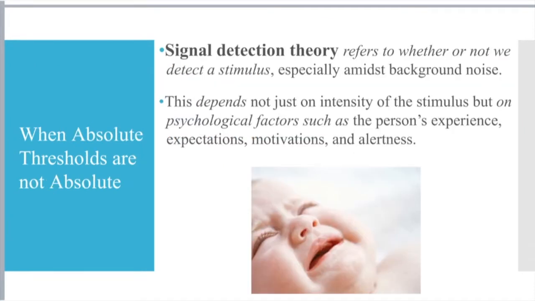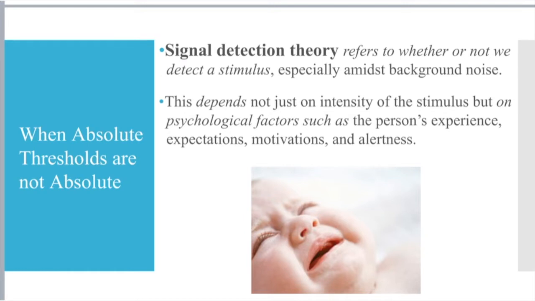So with that said, signal detection theory is when absolute thresholds are not necessarily absolute, right? Signal detection theory refers to whether or not we detect a stimulus, especially amidst background noise. If you guys remember back to the sleep unit, we talked about the cocktail party effect and how we're able to localize conversation.